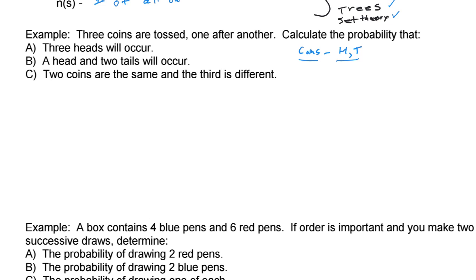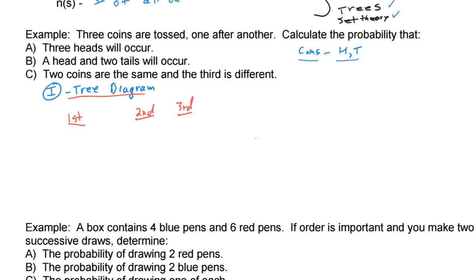So let's use a tree diagram to show it. So we'll have stage 1 where the first coin is flipped, the second coin flipped, and then the third coin flipped.